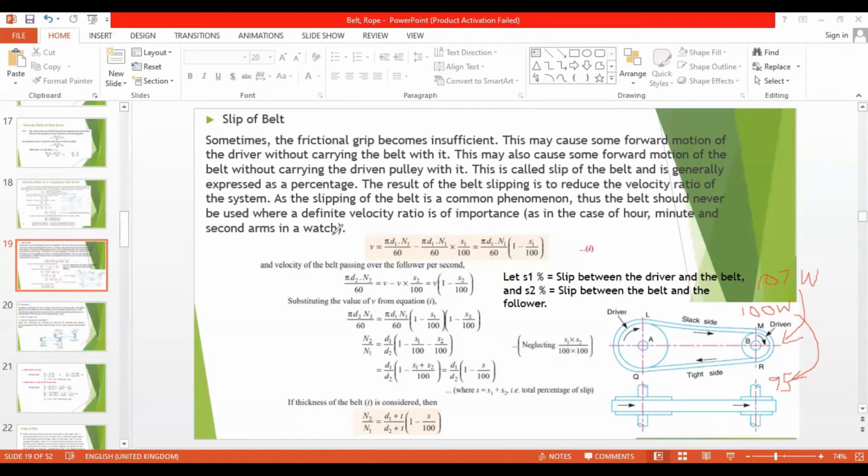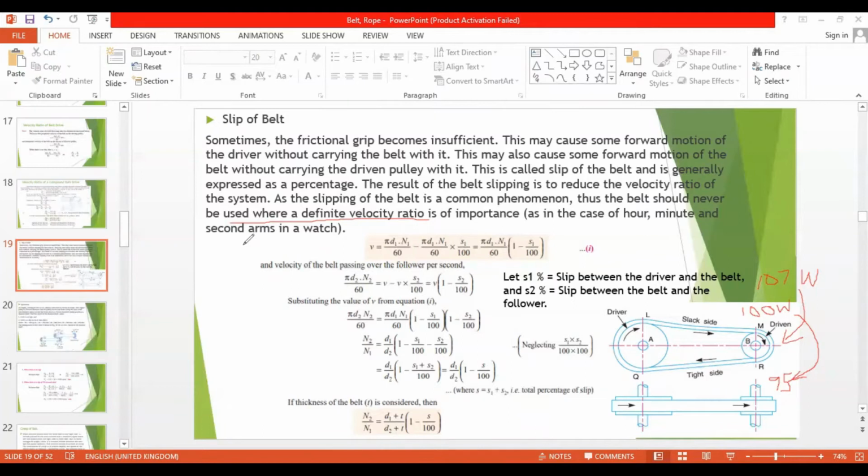In 60 minutes, 120 seconds are lost, which means 2 minutes. So in areas where exact motion is needed, we can't use a belt drive. That's what is mentioned here: the belt should never be used where a definite velocity ratio is of importance, as in the case of the minute and second arms of a watch.